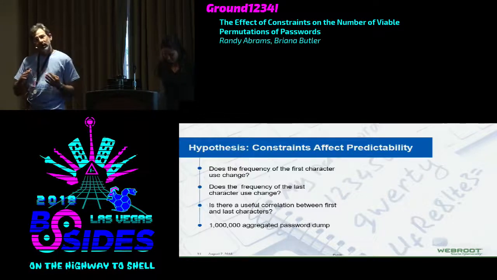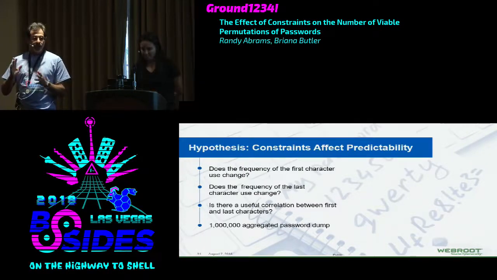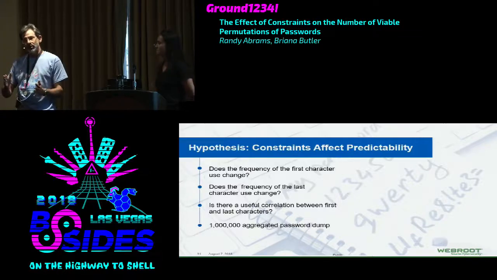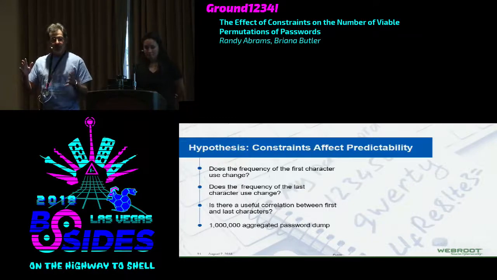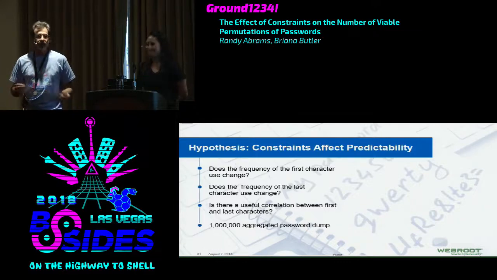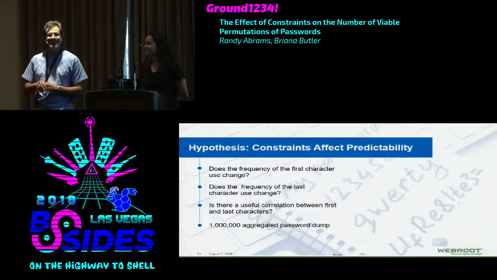I also wondered, could there be a useful correlation between the length of the password and the predictability of the last character? And then what about the correlation between first and last? I wondered about a whole bunch of other things too, but I had to finish the presentation.